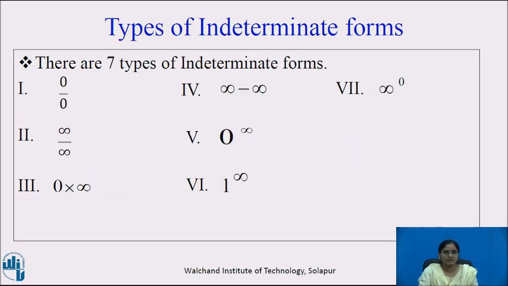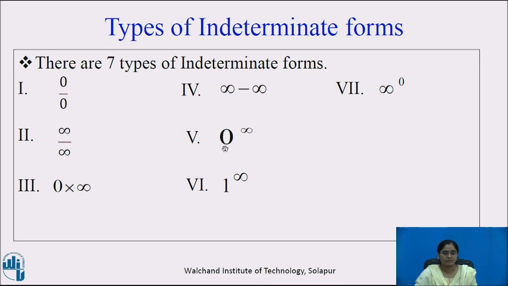Now we'll see the types of indeterminate forms. There are 7 types of indeterminate forms. The first one is 0 by 0 form. Second one, infinity by infinity form. Third one, 0 into infinity form. Fourth one, infinity minus infinity form.